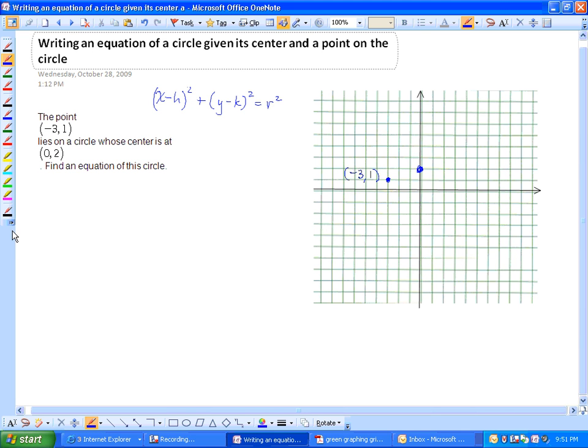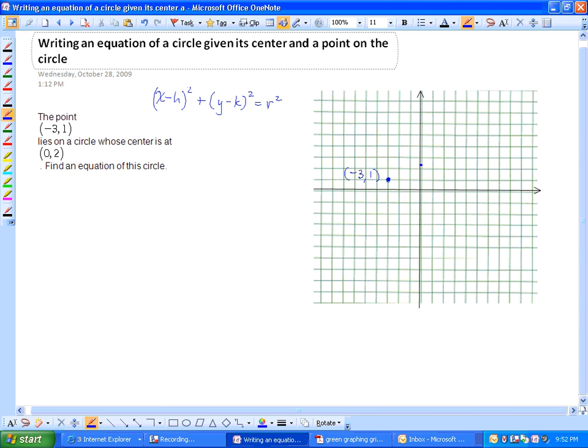Technically, it would be more correct if I did that as an open circle, so let me delete that one. Because actually the center is not included as a point on the circle.